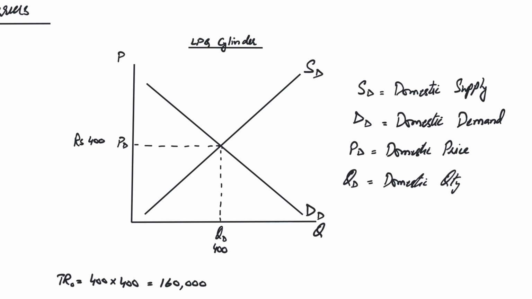So basically we make a line showing that at half the price, यानी rupees 200 के ऊपर, ये world price है. PW represents the world price, यानी दुनिया के अंदर at the price of 200 I can actually buy as many LPG cylinders as I want. I'll call it SW.